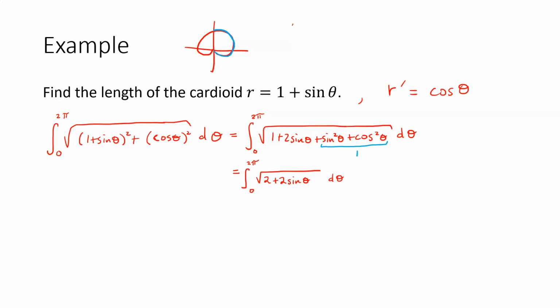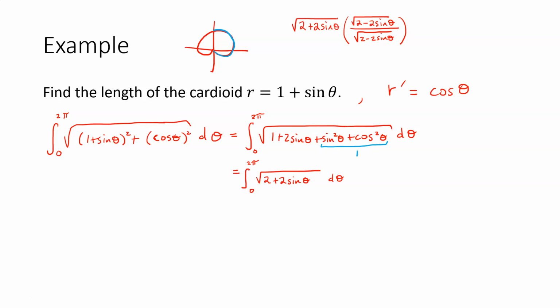Let's work it out up here and see how that simplifies. It's like I'm multiplying the top and the bottom by the square root of 2 minus 2 sine theta. How does that work out?